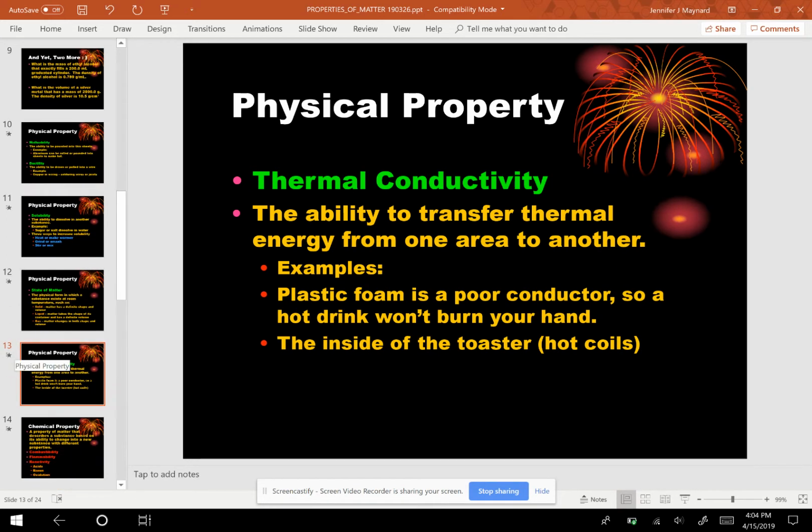Another physical property that we can talk about is thermal conductivity, the ability to transfer thermal energy, basically heat, from one area to another. For example, your cheap plastic foam cups are a poor conductor, so a hot drink won't burn your hands, whereas metal is a fantastic conductor if you've ever accidentally touched a hot handle.